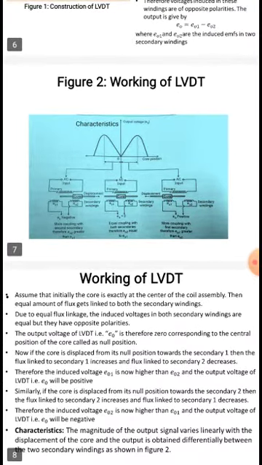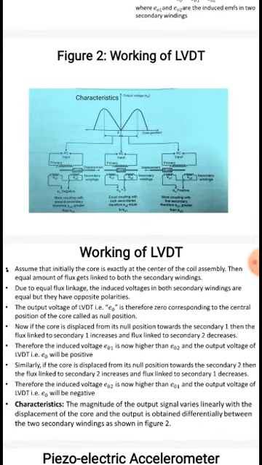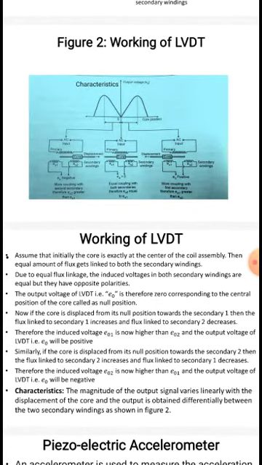Working of the LVDT: the characteristics show two axes. The X axis shows the core position and the Y axis shows the output voltage. Suppose the core is at the right position, that means E01 is greater than E02.